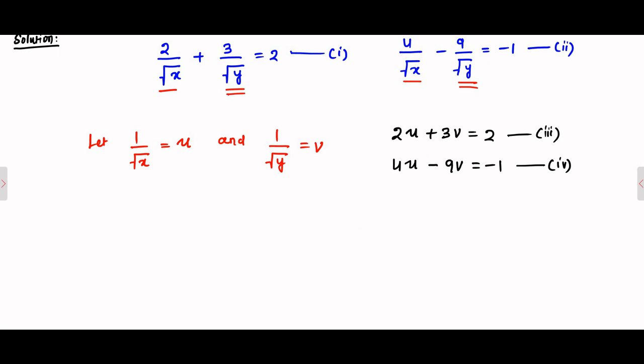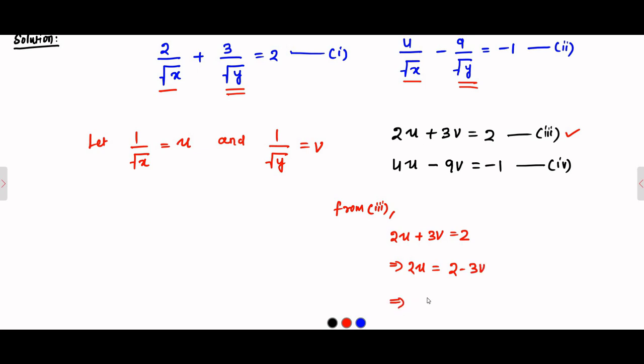So we'll pick one of the equations. Okay, let's say we pick this equation. From equation 3 we have 2u plus 3v is equal to 2. That implies 2u is equal to 2 minus 3v.